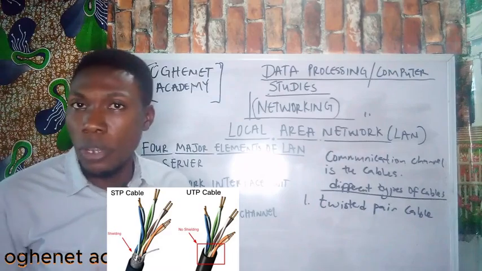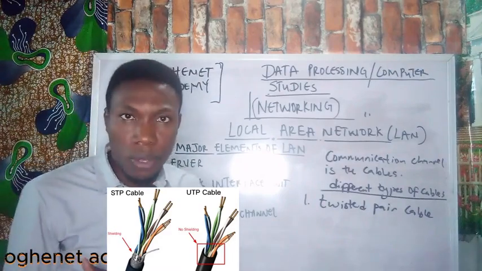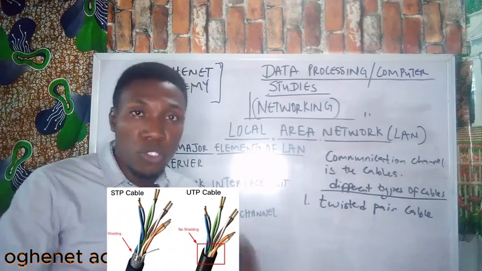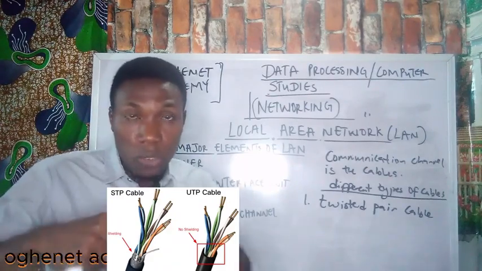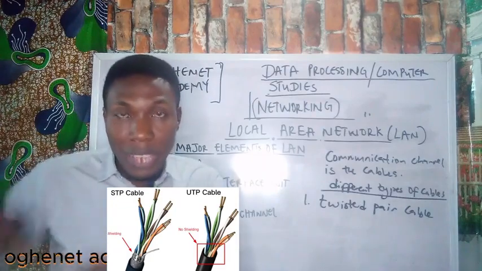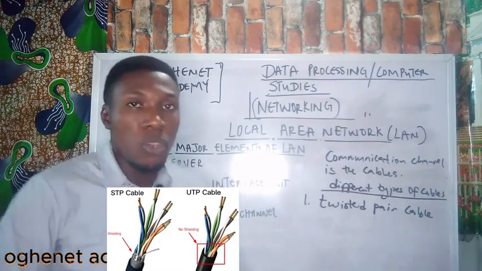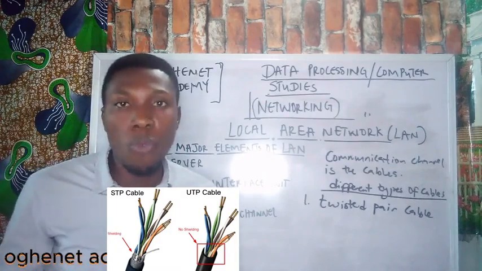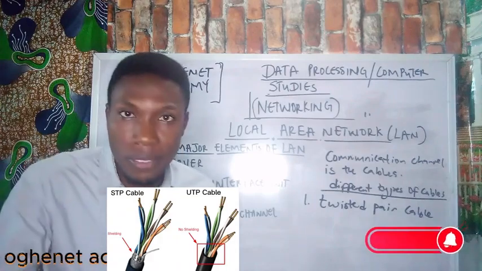It will now be corrupted with unwanted information. But you don't want that, and that is the reason why those wires, you see in the image, are twisted together in pairs, and that twisting of the wire in pairs will limit the interference of unwanted signal. In electronics, they call it noise.